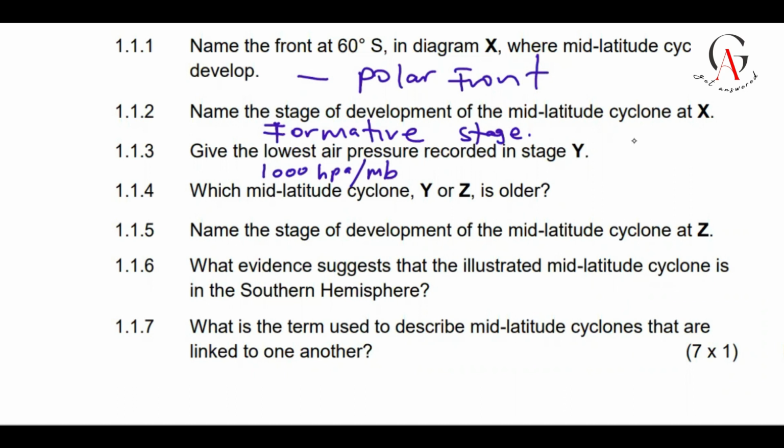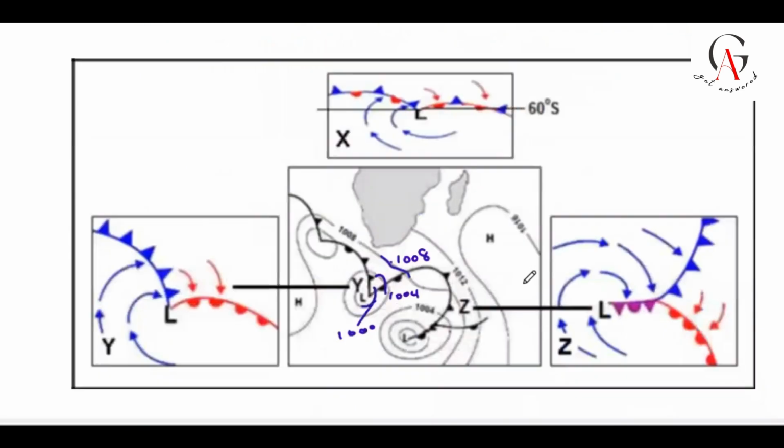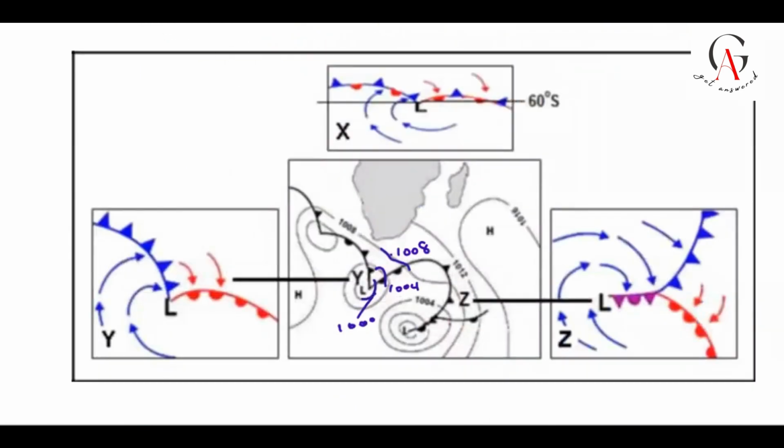Question 1.1.4. Which mid-latitude cyclone, Y or Z, is older? Let's go check. Between Y and Z, this is Y, and this is Z here. But don't forget to come back to where these diagrams were taken from.